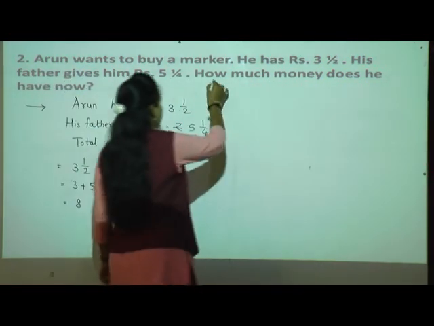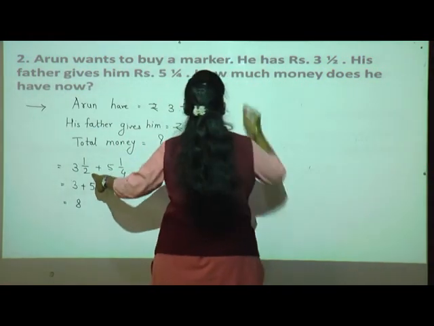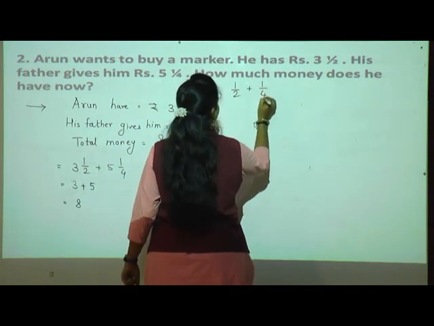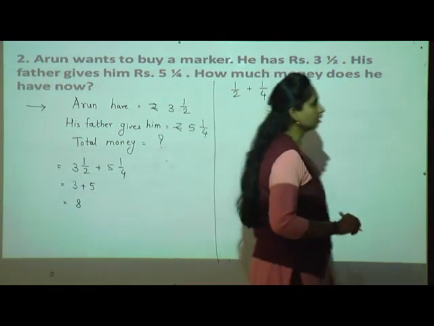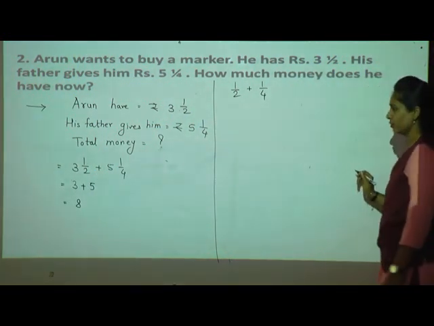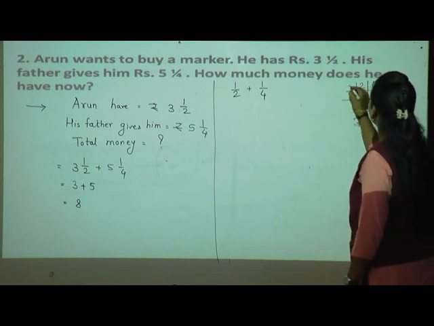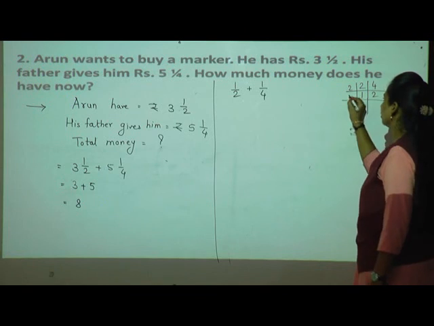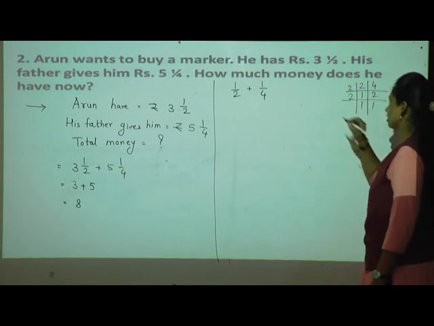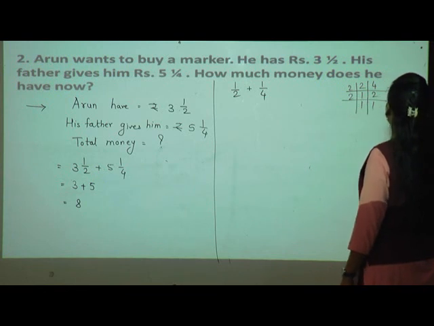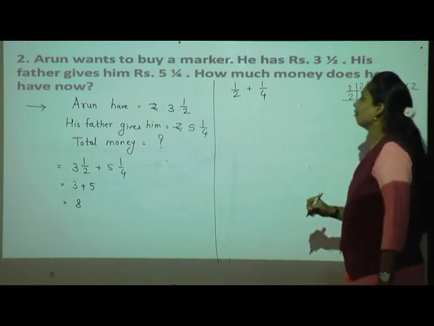Now next I will take the fractions 1/2 and 1/4. Denominators are not the same, so we have to find the LCM of both the numbers. 2 1s are 2, 2 2s are 4, 1 has it is 2 1s are 2. So what are the multiples of 2 and 4? 2 multiplied by 2, so 2 2s are 4.